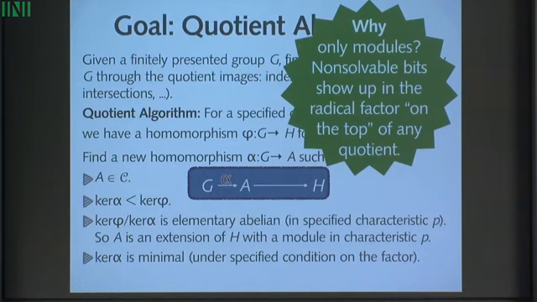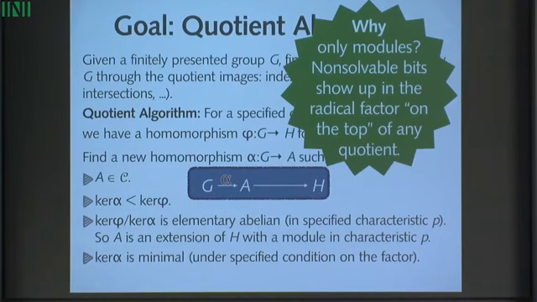Why do I care only about modules? Because I can assume that anything non-solvable is in the radical factor of the quotient I end up with, and I will assume that I have this radical factor already.